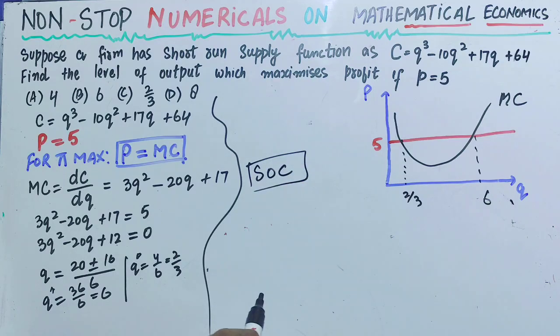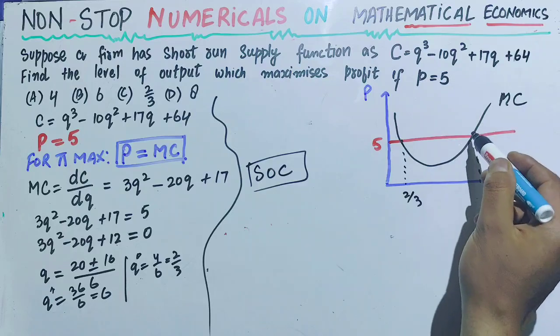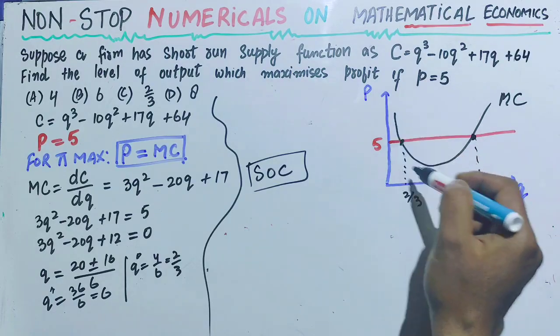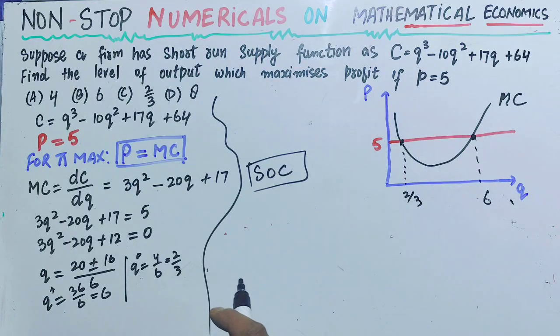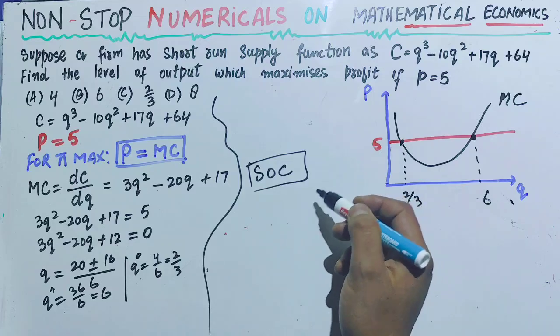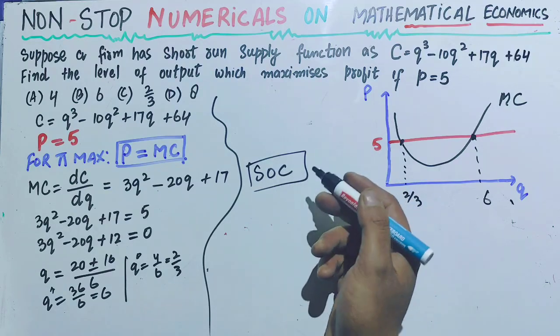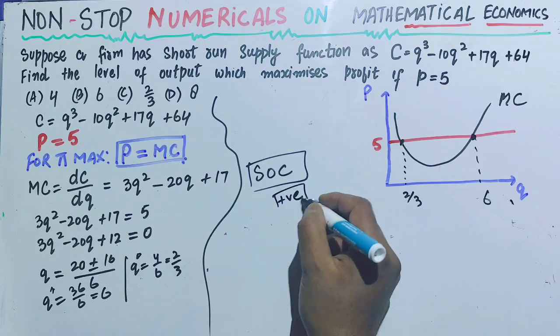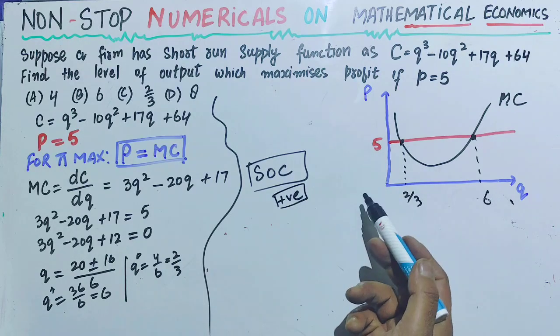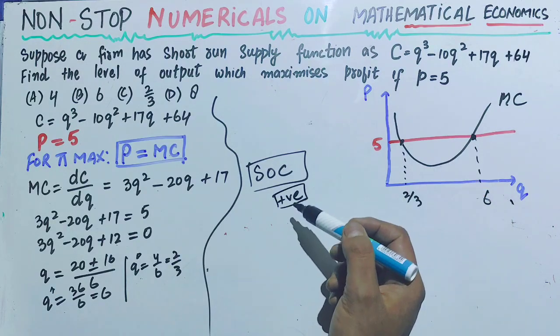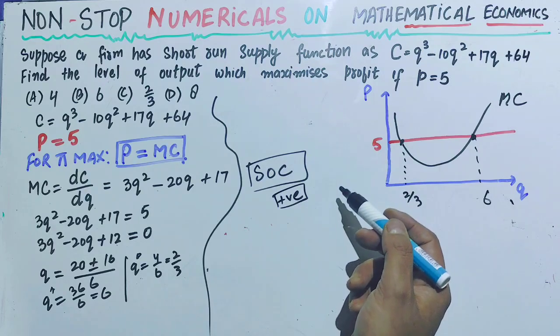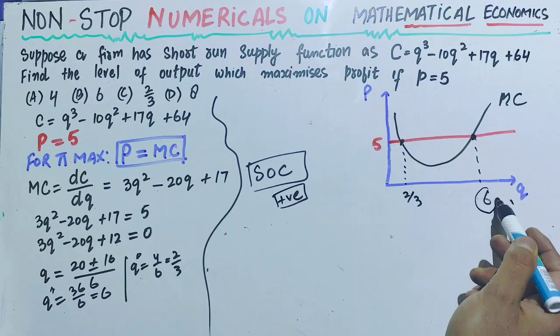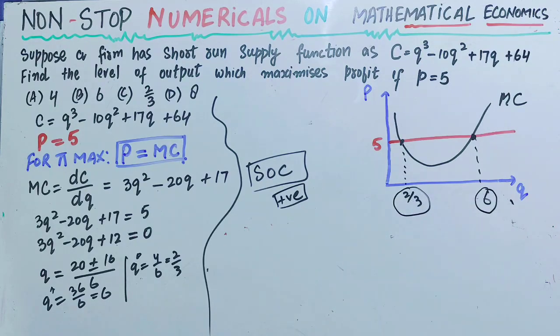Second order condition tells us that at the point of intersection of marginal cost and price function, the slope of the marginal cost curve should be positive. Now we need to evaluate the slope of the marginal cost at the critical points, which are 6 and 2 upon 3.